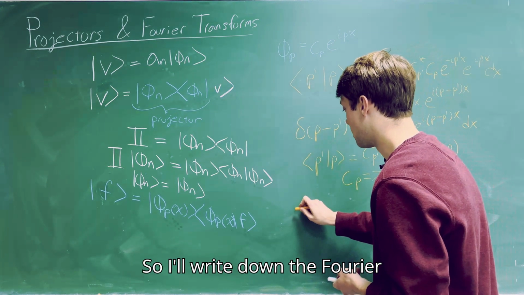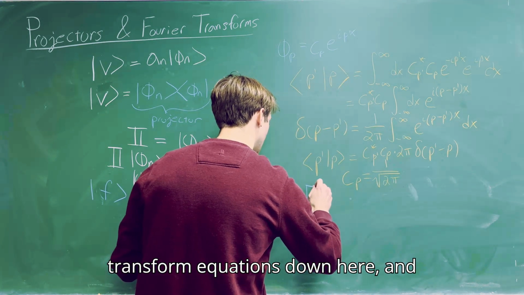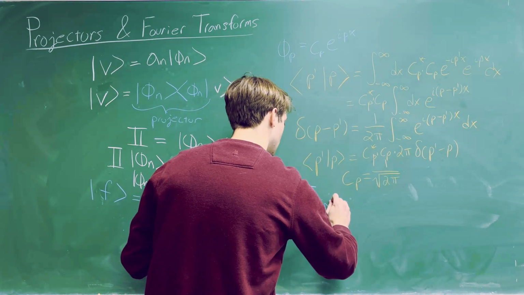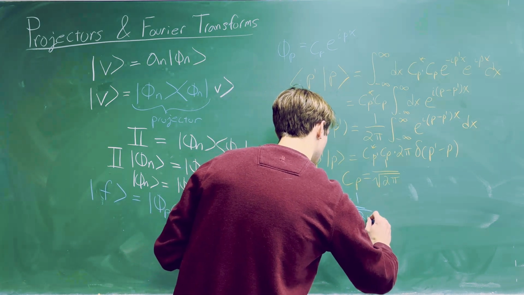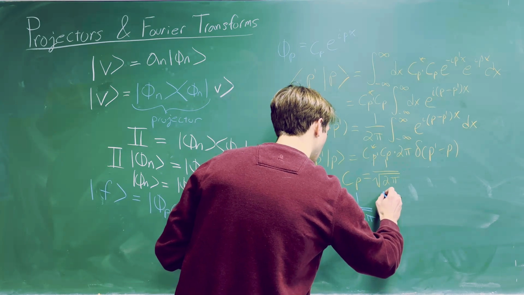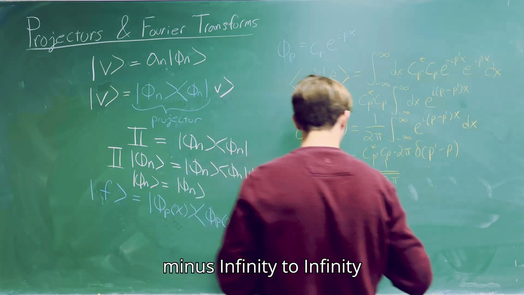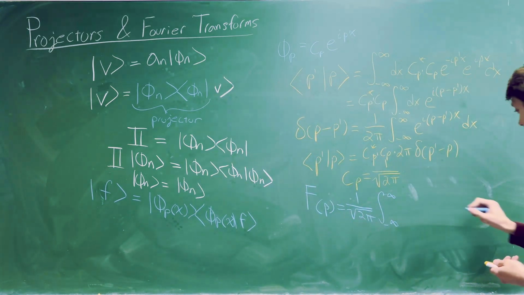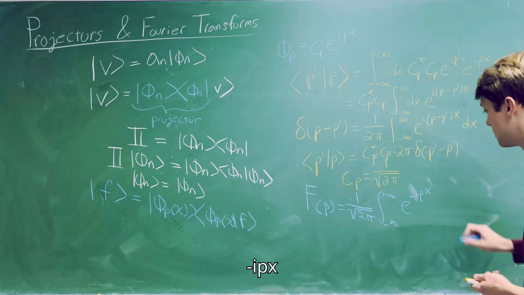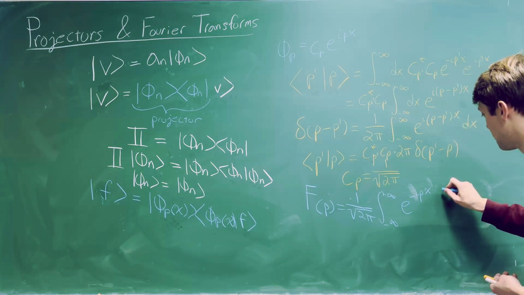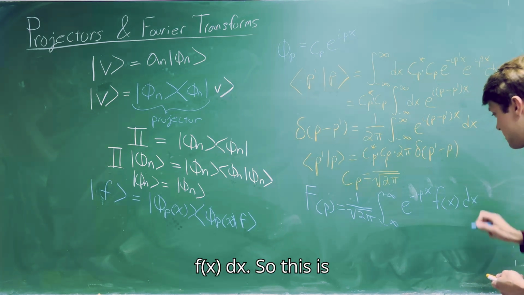So I'll write down the Fourier transform equation down here, and we'll talk about what it is that we're seeing. 1 over root 2 pi, integral minus infinity to infinity, e to the minus ipx, f of x dx.